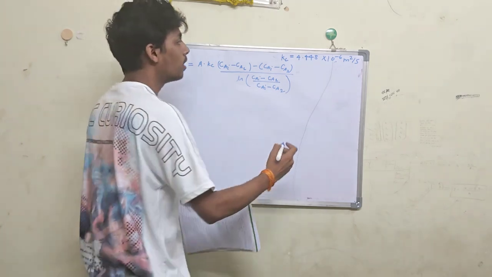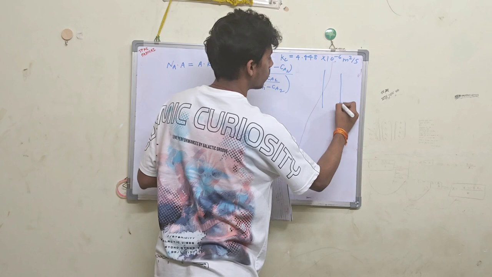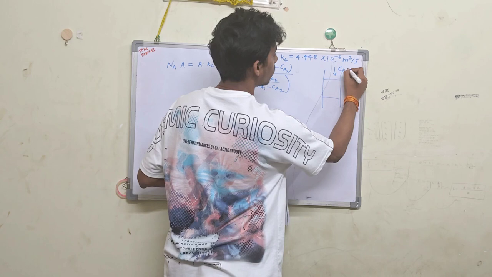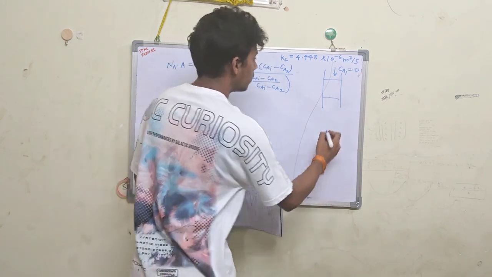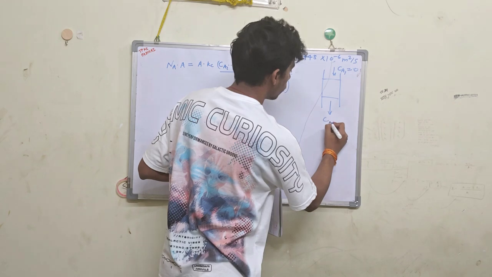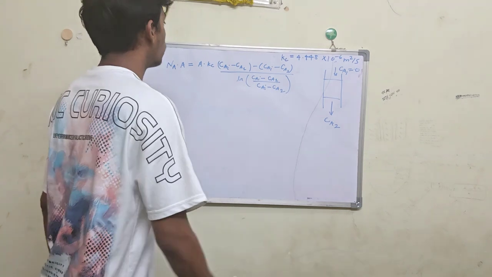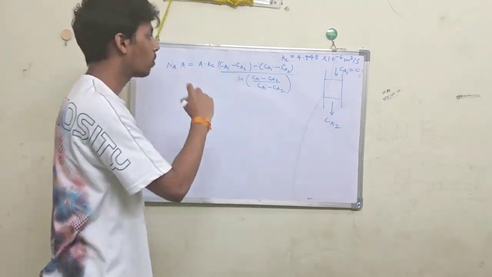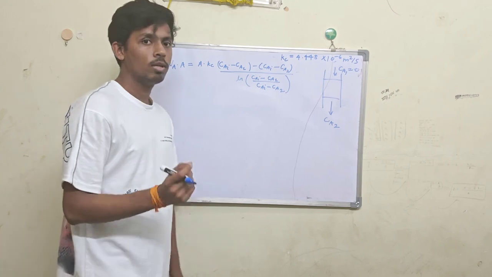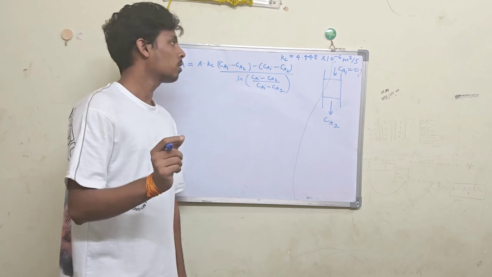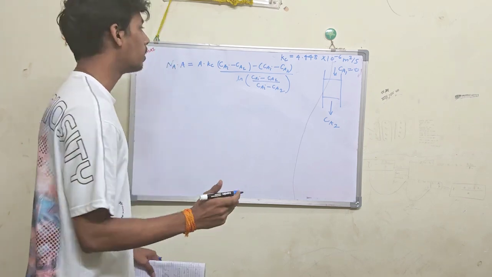concentration of water at the entry of the tower. This was the CA1, which was 0 because there was no benzoic acid present. CA2 at the exit of the tower we have to calculate. So that we will take as it is. CAi, you will be wondering what CAi is. CAi is actually the concentration at the interface of benzoic acid and water, which was given as solubility.